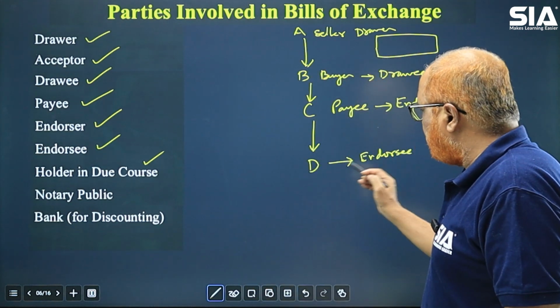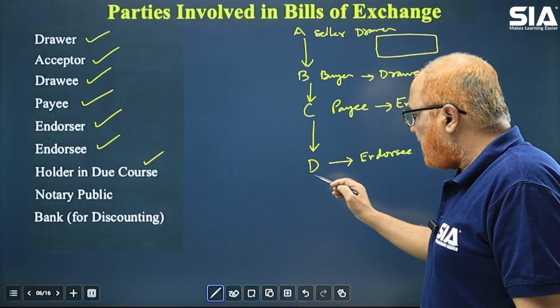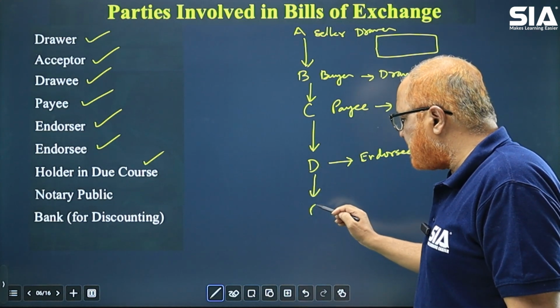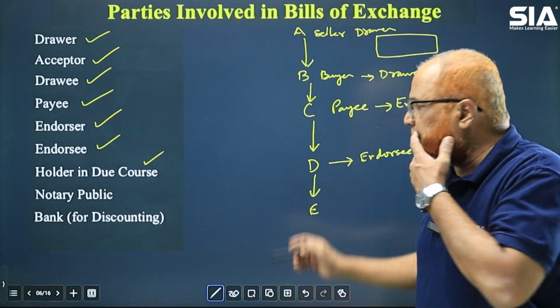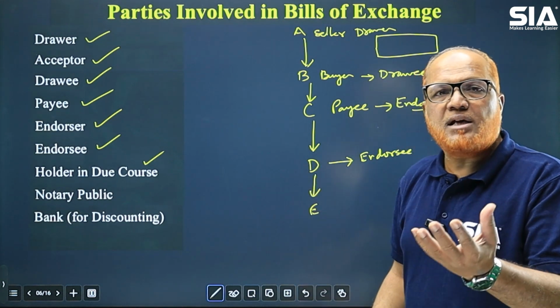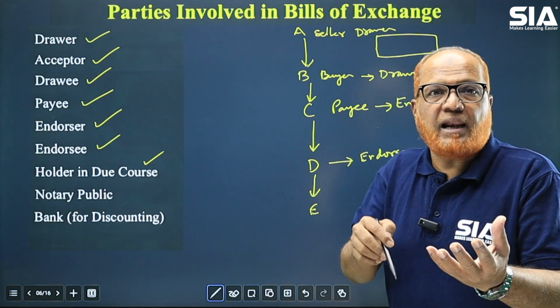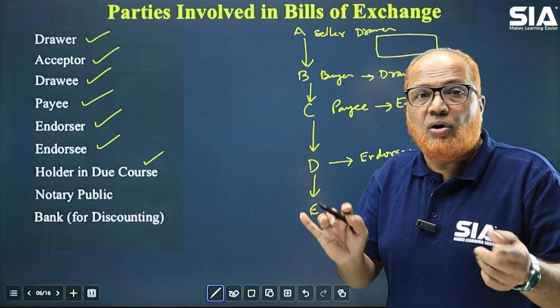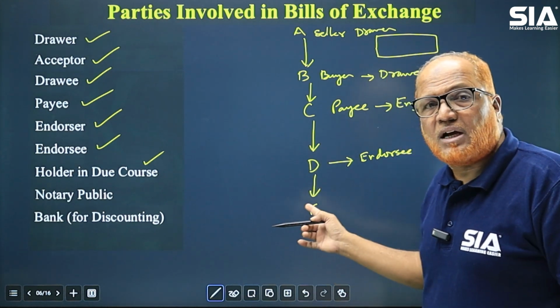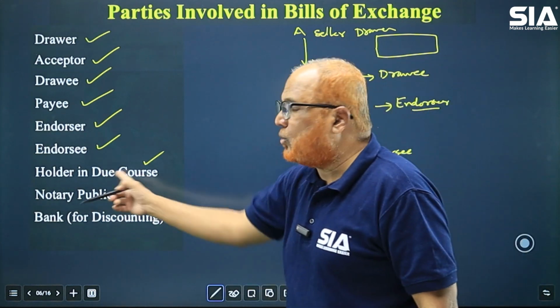Example, here endorsee is D. Now D has given the bill to E. He has again endorsed. That means D has endorsed the bill in favor of E. Now E has got the bill in good faith and for value, and without having any knowledge that there is any defect in the title of the bill, then E is called holder in due course.